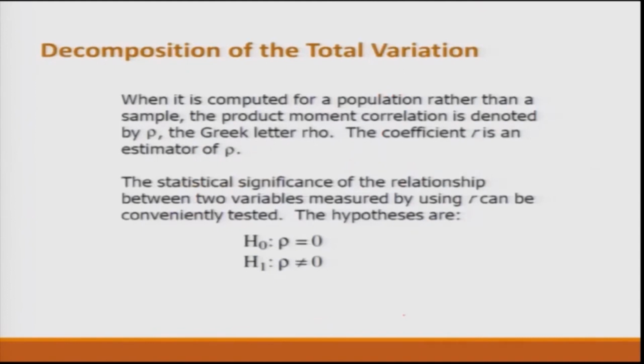So, decomposition of total variation. When the product moment correlation is computed for a population rather than a sample, it is denoted by the Greek letter rho. The coefficient r is an estimator of rho. The statistical significance of the relationship between two variables measured by using r can be conveniently tested.